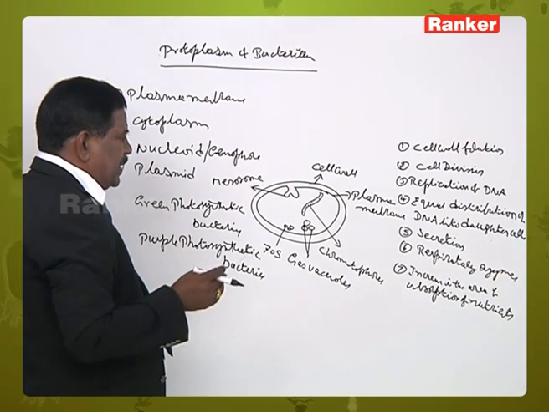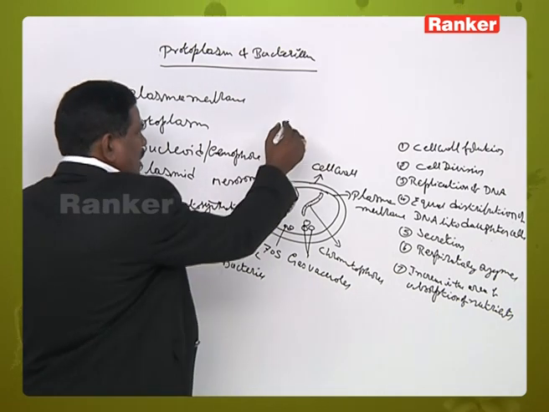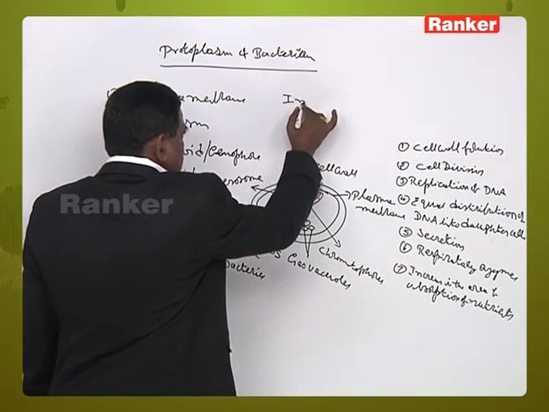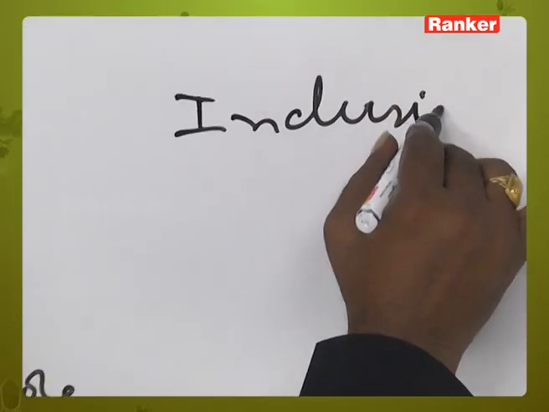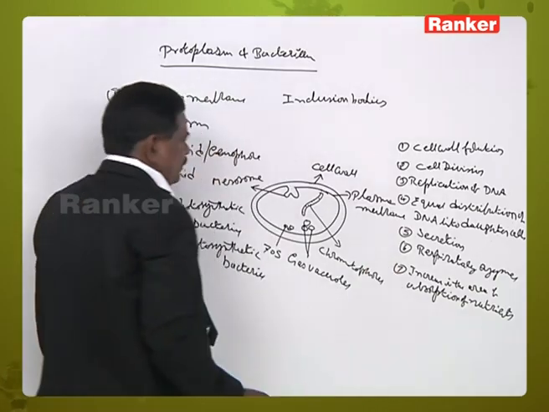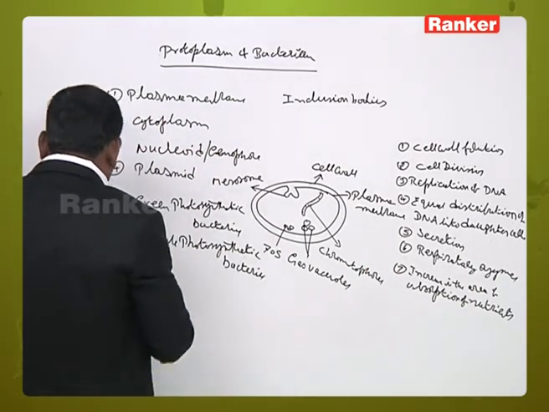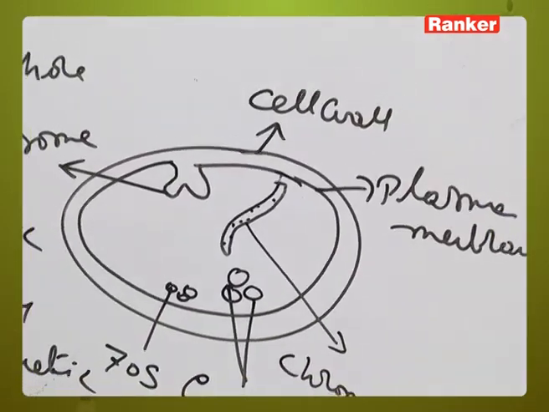Reserved food materials present in bacterium are also called inclusion bodies. Reserved food materials present in the cytoplasm of bacterium, inclusion bodies.